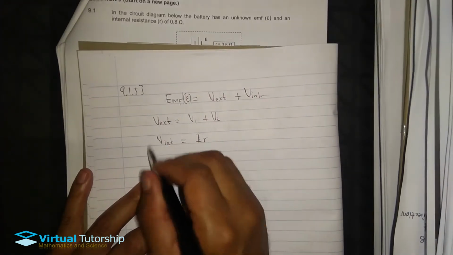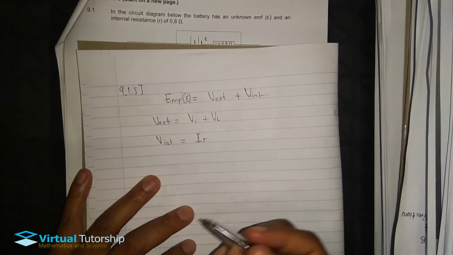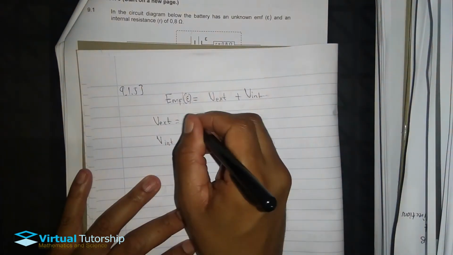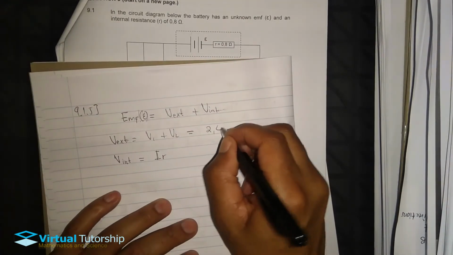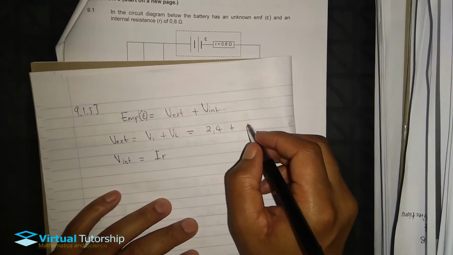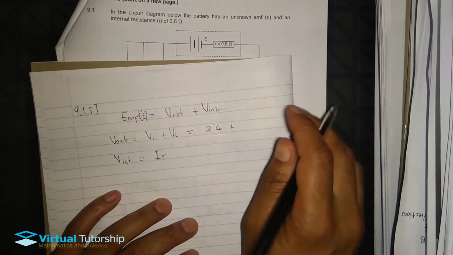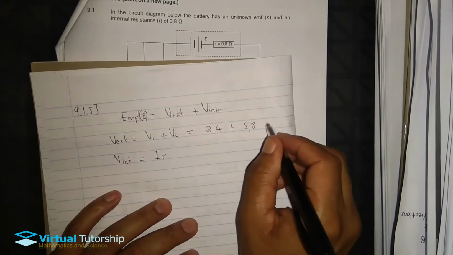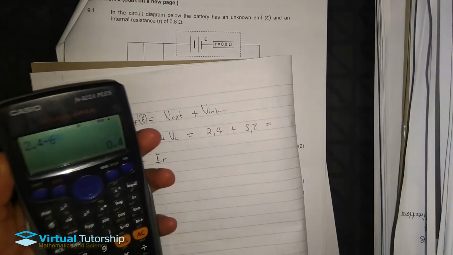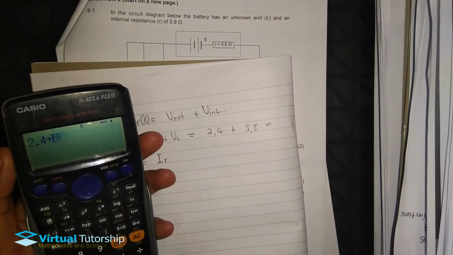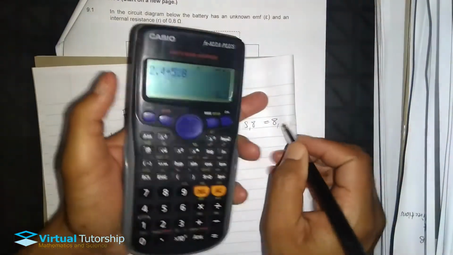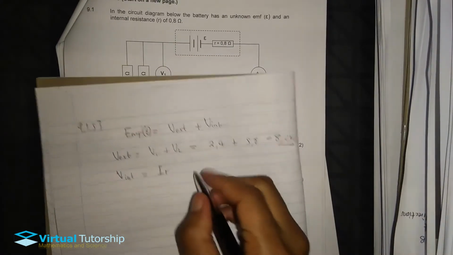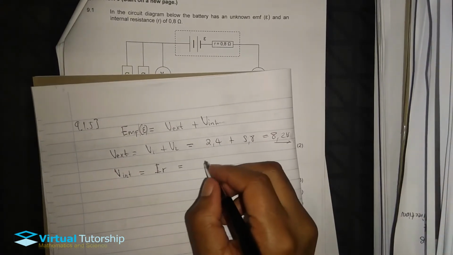Now the internal potential difference we need to calculate later. V1 in the calculator is 2.4 plus V2 is 5.8. Adding the two values, 2.4 plus 5.8, I get 8.2 volts.